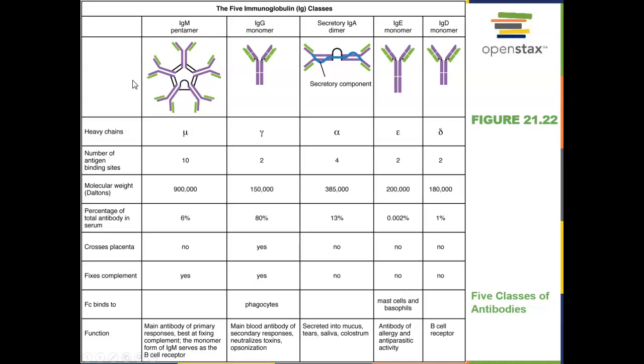So antibodies come in 5 different classes. All of these classes have that same Y-shaped protein structure. So here we have IgM, here we have IgG, here we have IgA, here's IgE, and here's IgD. If you look down here, you'll see what their major function is.